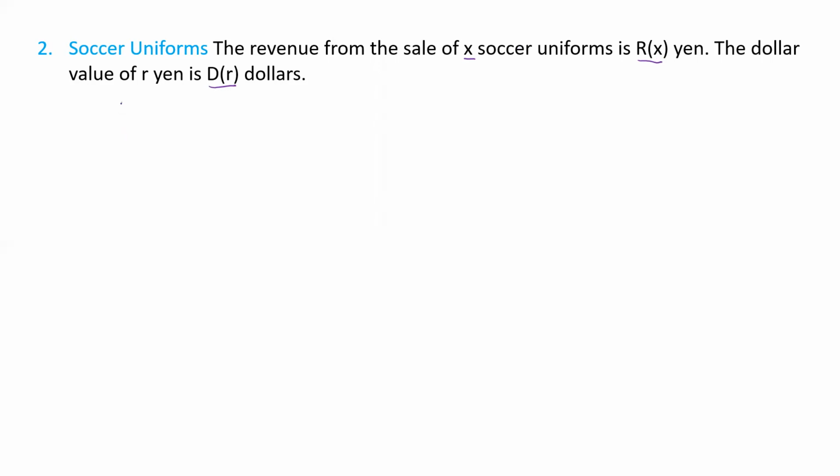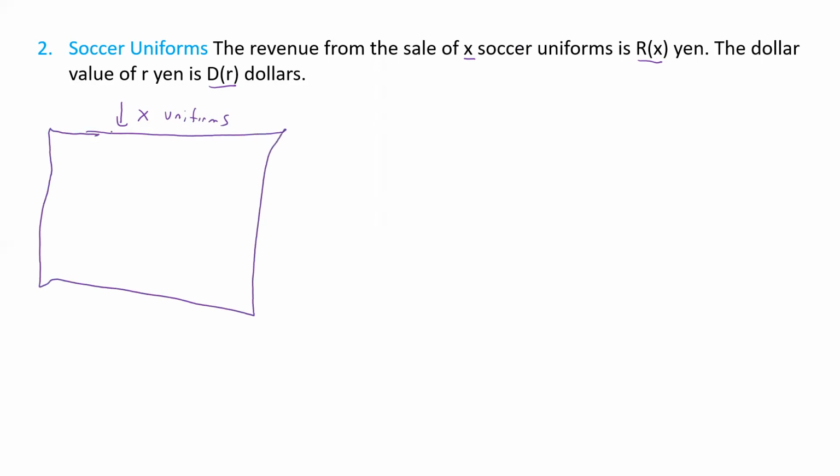And so let's plug that into our diagram. We're going to plug in X uniforms. And so again, we're going to have some big function here we're going to work on. That's going to go into R, so our first part here is R. And that gives us R of X, and that's yen.